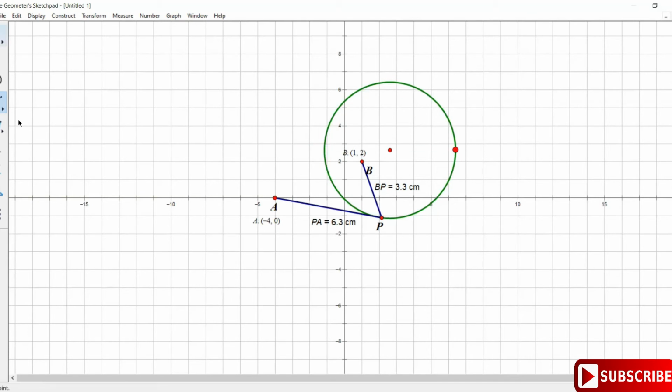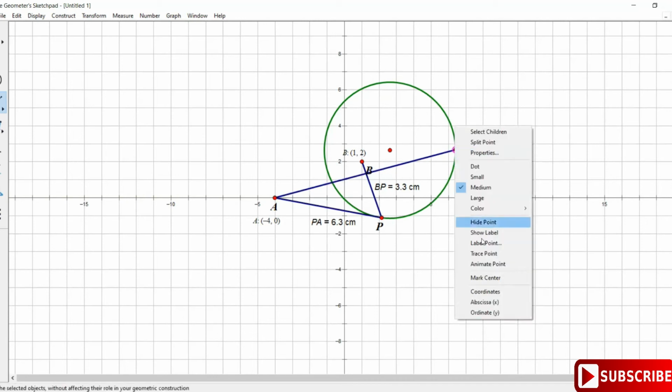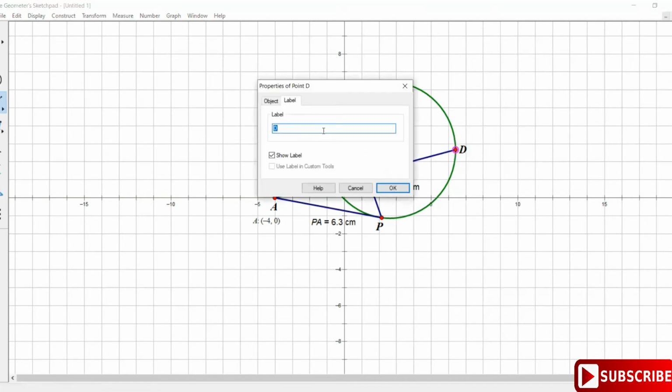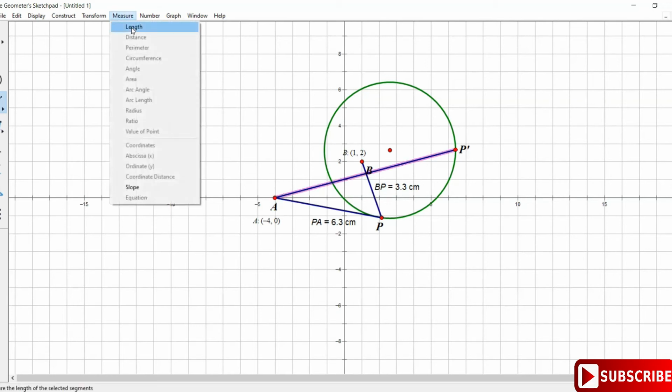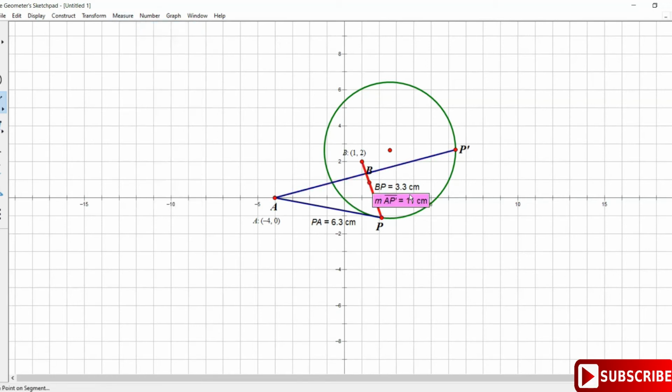If you measure the distance from A to this point, let's call it P prime, measure the length, you get 11 centimeters.